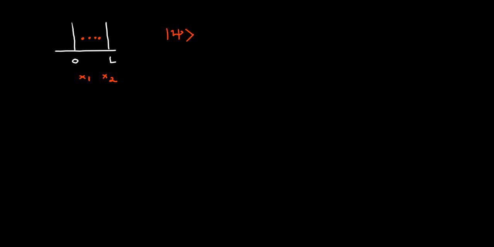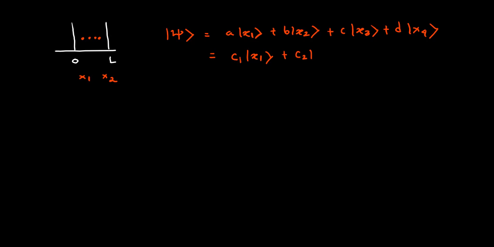Then psi can be written as a x1 plus b x2, and there are two more spaces where you can find the particle, so c x3 plus d x4. This is a very big way of writing the whole stuff. If I have like 100 spaces where the particle can exist, it looks bad. How about I change some notation? Instead of a, b, c, d, I use c1, c2, c3 and c4.